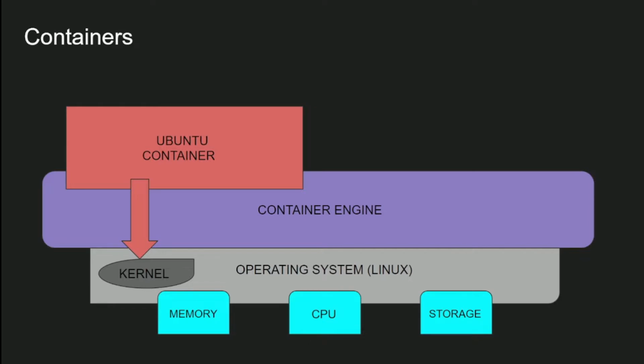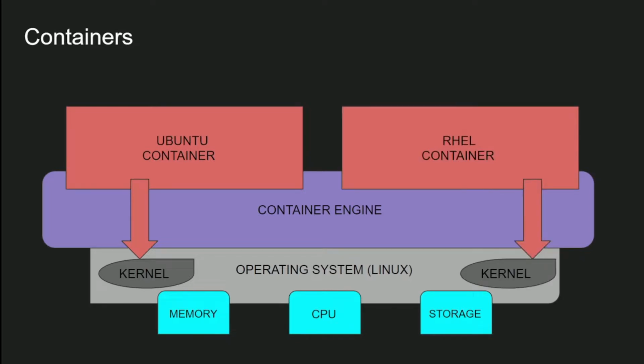You have your host's operating system, and you're just using its kernel, and then you're adding your dependencies next to that kernel and the application, and you obtain something that's a lot more lightweight than a virtual machine. And because the operating system is Linux in this diagram, we can have an Ubuntu container or a Red Hat container, or we could have an Alpine container or any other Linux distribution type of container.